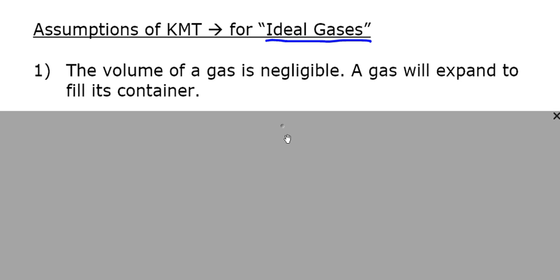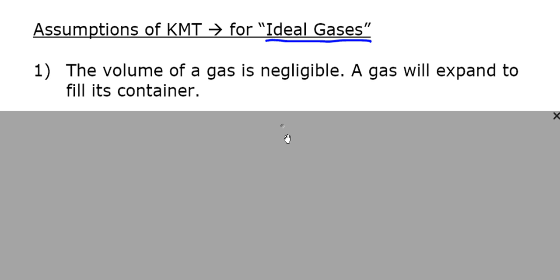First one, the volume of a gas is negligible. A gas will expand to fill its container. So imagine you have a flask. It has a stopper on the top and it can hold 100 milliliters of gas. So 100 milliliters of gas is in that flask. Is it truly 100 milliliters? No, because the gas molecules themselves occupy some space.